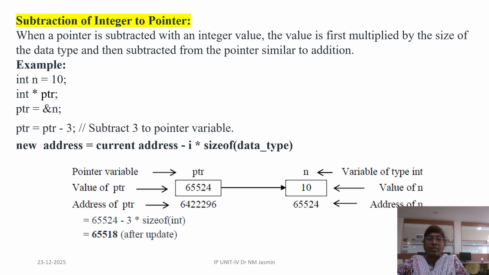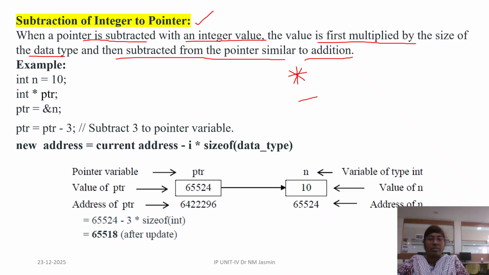Next, the subtraction of an integer from a pointer. When a pointer is subtracted with an integer value, the value is first multiplied by the size of the data type and only then subtracted from the pointer, which is very similar to addition. So first do multiplication, then go for subtraction.